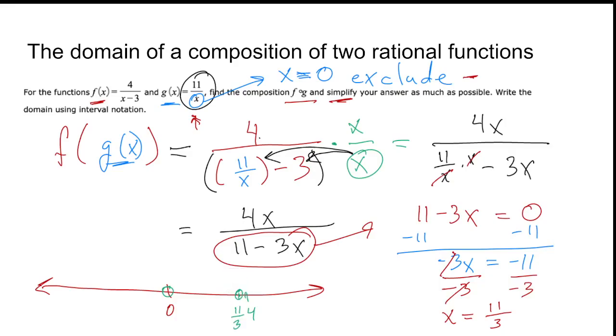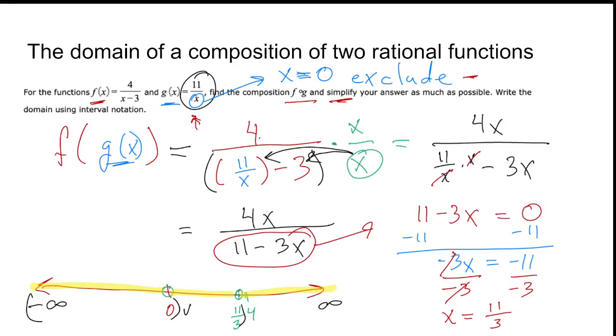And what we're going to do is we'll draw it out. So x can be anything else, that way, there, and there. So again, we've got negative infinity at this end. We've got infinity at this end. So we can go from negative infinity to 0. And then we're going to go from 0 to 11/3, and then we can go on.